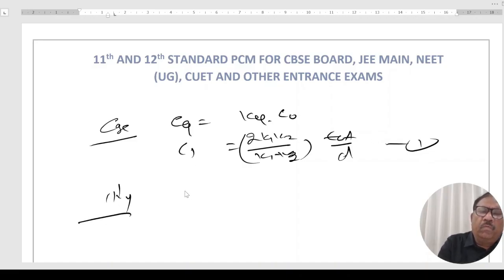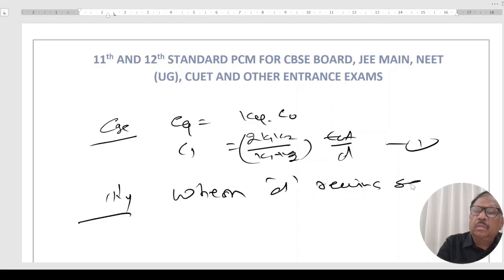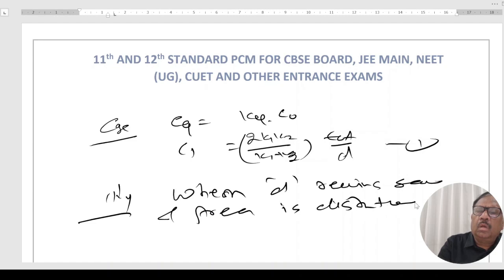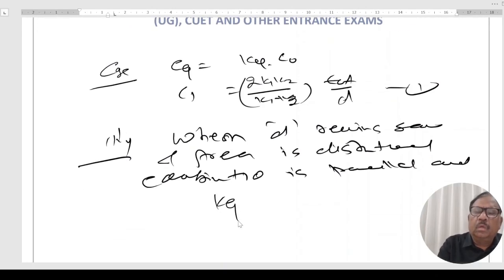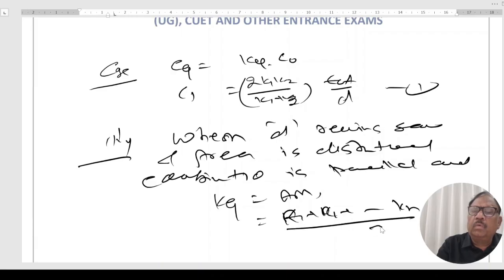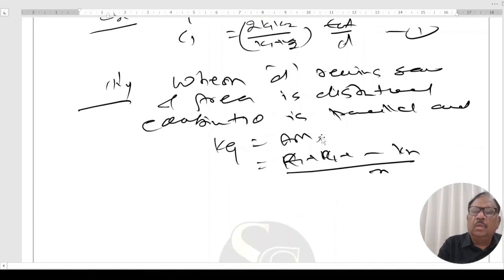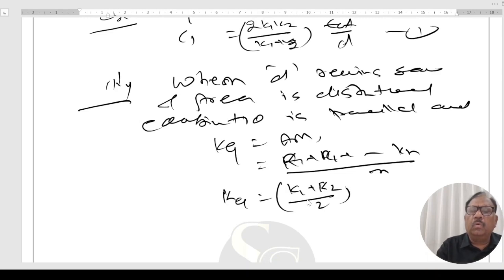Similarly, when D remains same and area is distributed, combination is parallel and K equivalent is the arithmetic mean, that is K1 plus K2 plus K3 up to Kn divided by N. In this case, K equivalent will be equal to K1 plus K2 divided by 2.